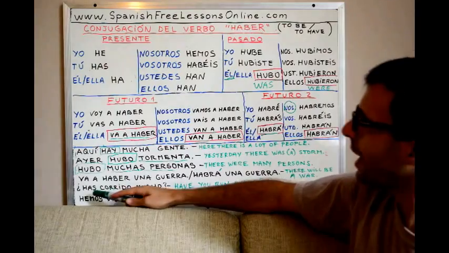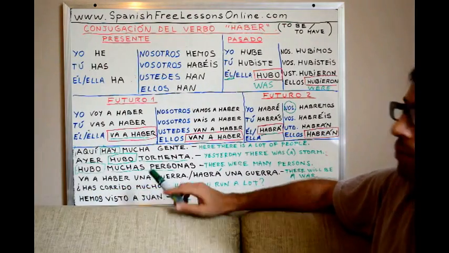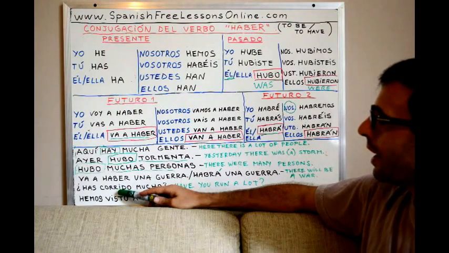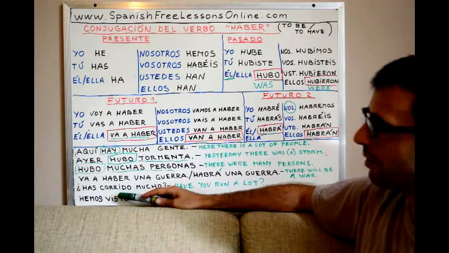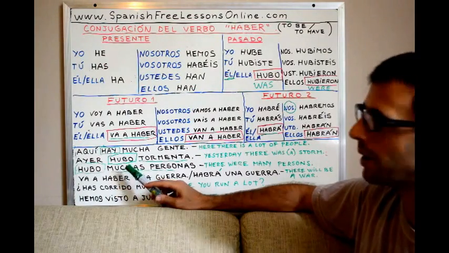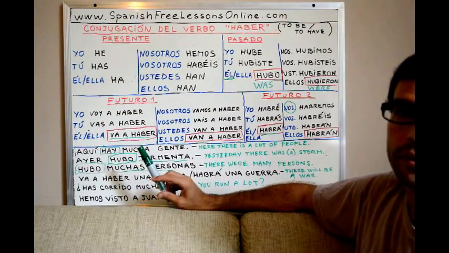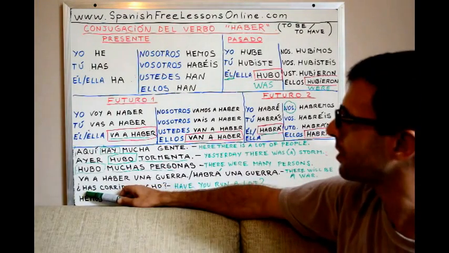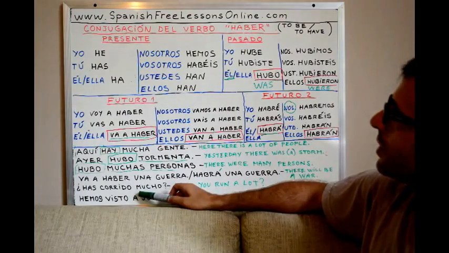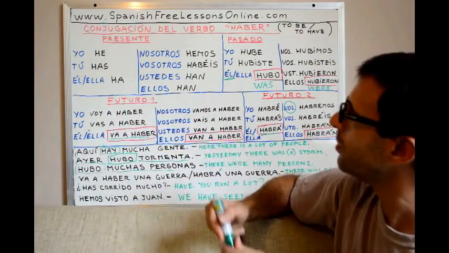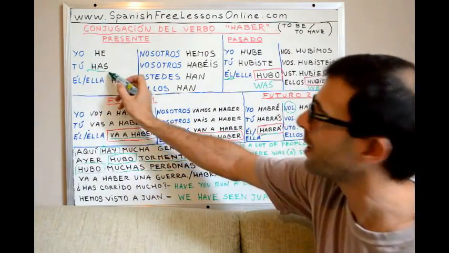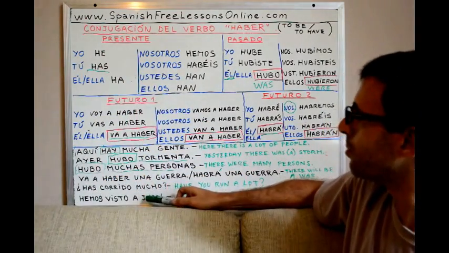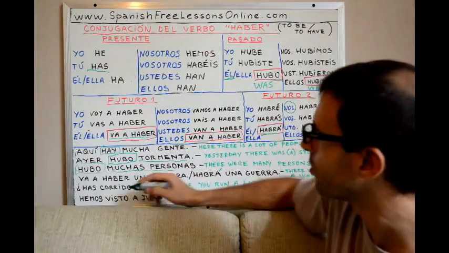Now, ¿has corrido mucho? Now we are using verb haber as an auxiliary verb, right? For the compound conjugations. In this case, we are conjugating in present perfect, yes? ¿Has corrido mucho? So we are using verb haber in present, but we are adding the past participle of the verb correr, to run, right?